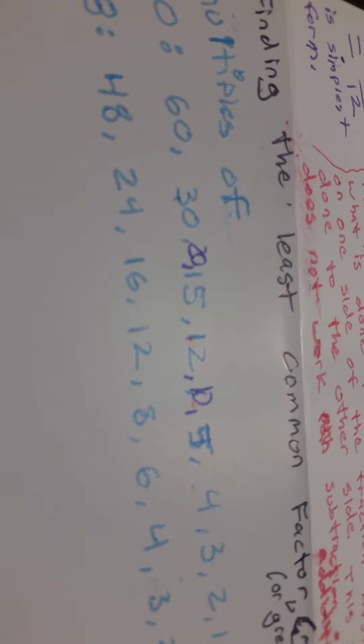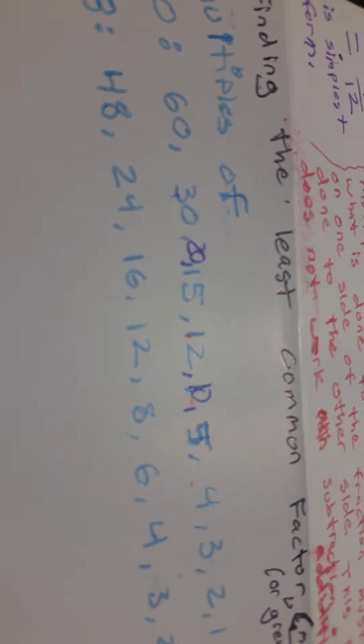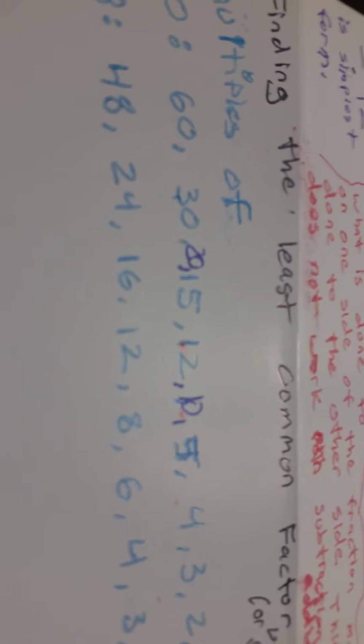So here, if we look, 30, 24 don't match up. After the 30, that's a 20 right here. The 20 and 24 don't match, 15 and 16 don't, but 12 does. So I'm gonna circle the 12. So this is what I see as the greatest common multiple.